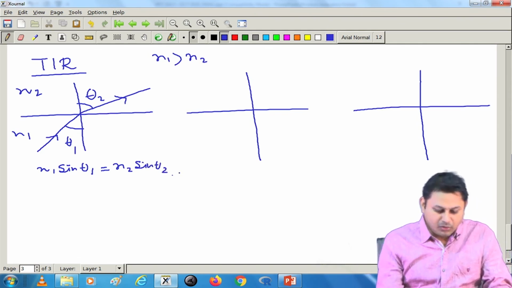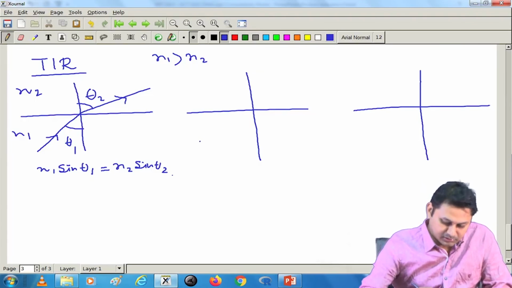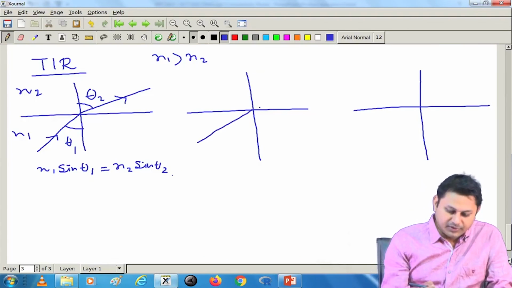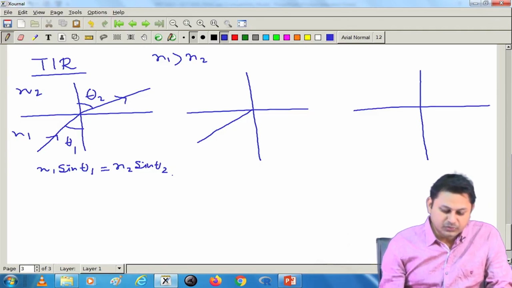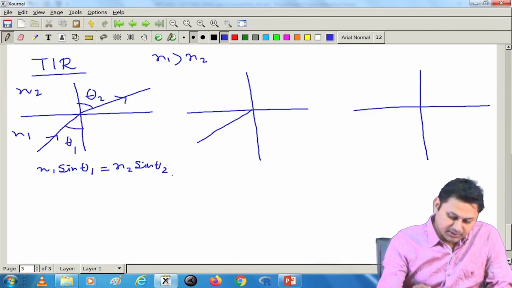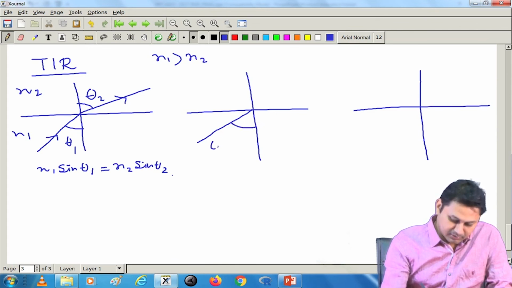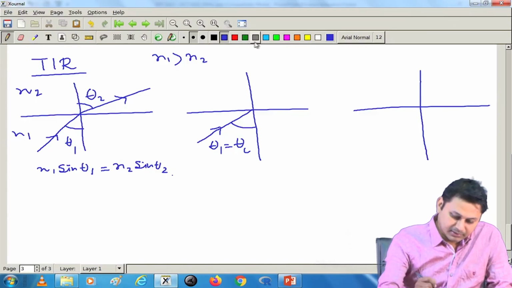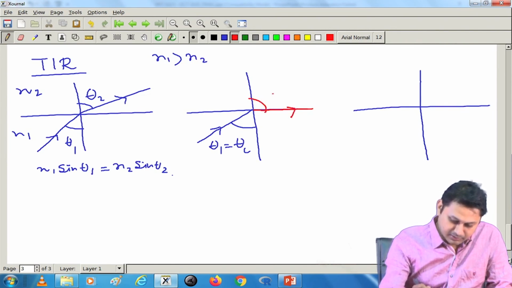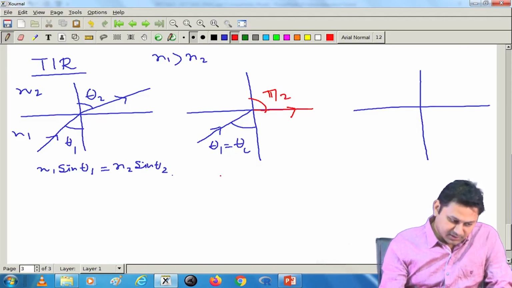In this case, if I now increase the angle theta 1, obviously this angle theta 2 is going to change, and at some point this angle will be 90 degrees. So, this angle theta 1 is a special angle, theta c, this is called the critical angle. At critical angle, this ray will be like here and this angle will be pi by 2.